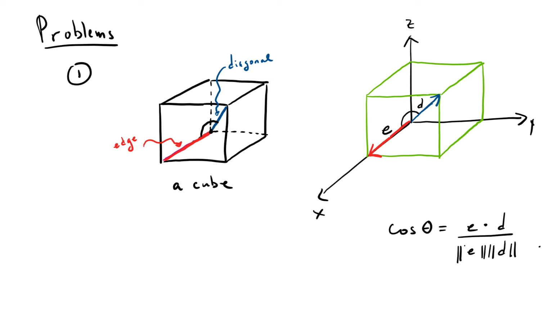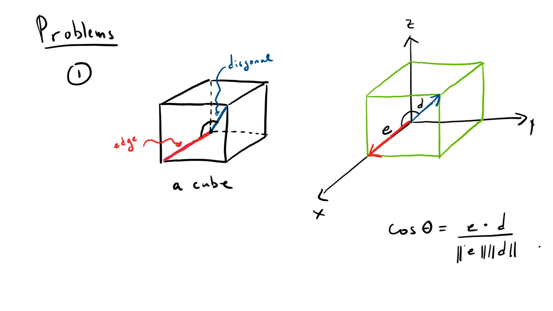Okay. Now, what are the coordinates? Maybe a good question to ask is, what are the dimensions of this cube? What's the length of an edge? And we don't have that information. So are we stuck? Now, try to answer this question before we move on.